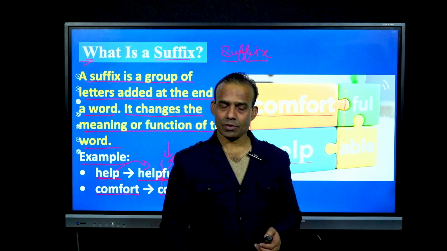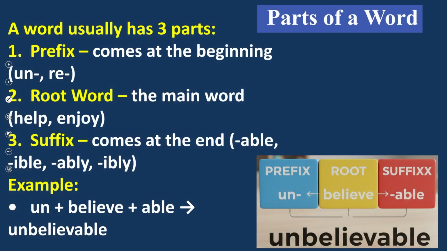Move to the next slide. Look at this: parts of a word. This is very important for deeply understanding this concept. Usually any English word has three parts: prefix, root word, and suffix.